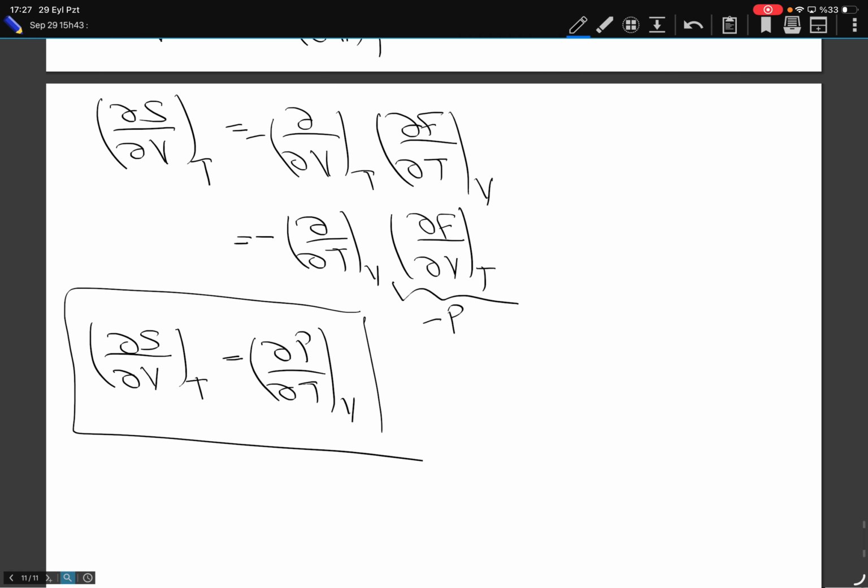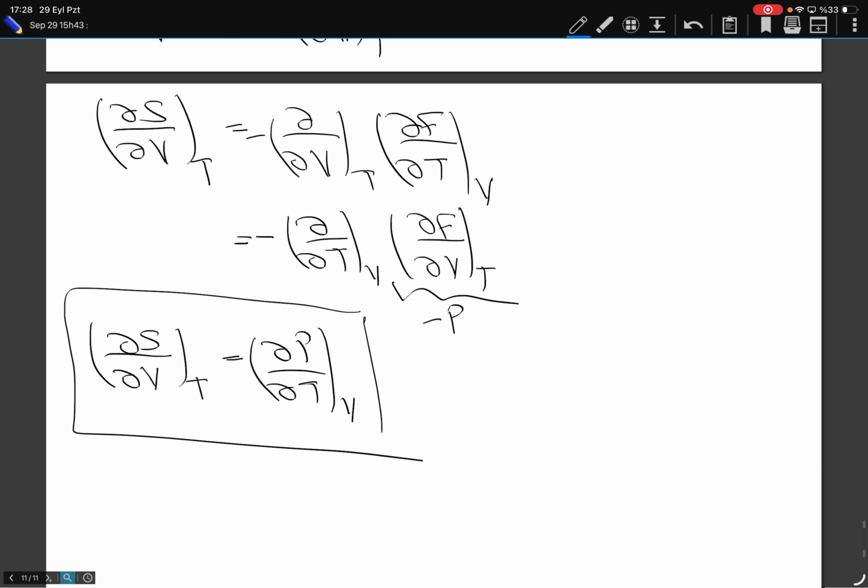And as the temperature changes, you can measure the pressure that you need to apply in order to keep the volume constant. The right-hand side is quite easy to measure in a practical system. But that gives you how the entropy of the system changes as a function of volume at constant temperature. Entropy is not so easy to measure for a given system, but the right-hand side is easy to measure.